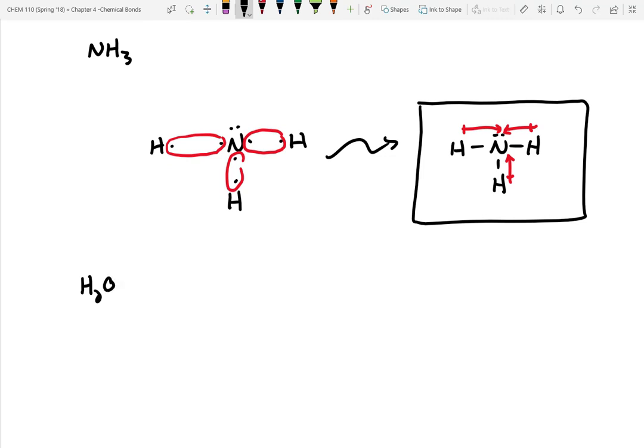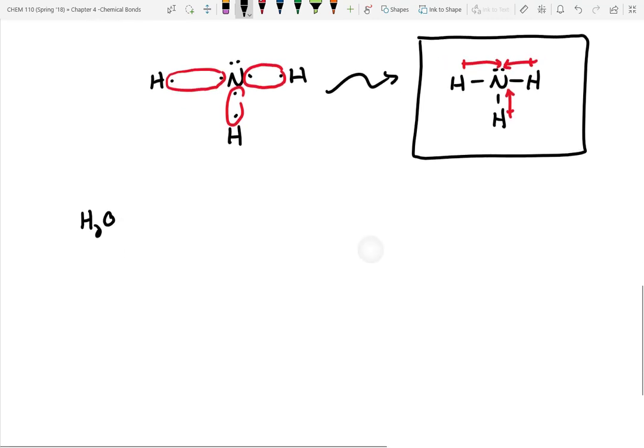We'll do H2O, water. And I'm going to get us started, and I'm actually going to put oxygen in the center, hydrogen right here, hydrogen right here.